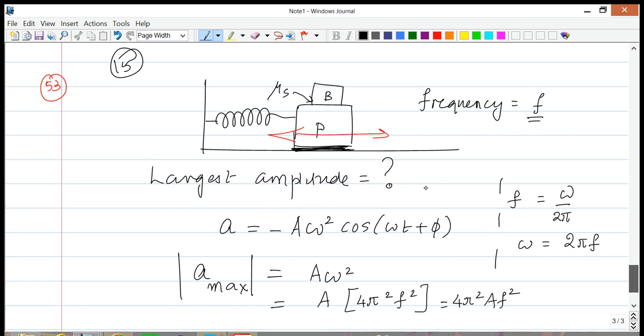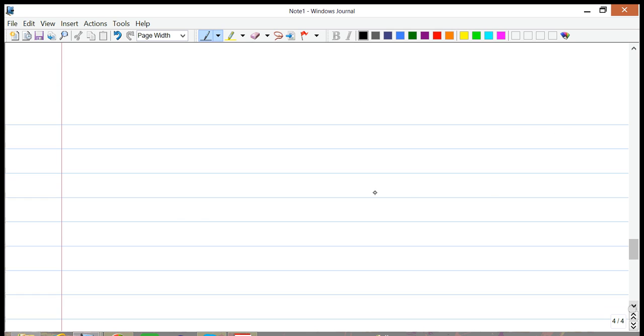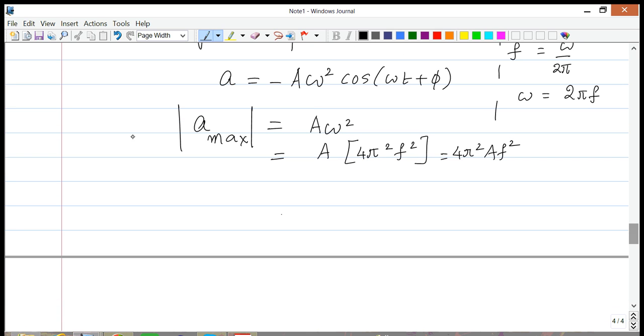Now, the reason block B is sitting on the surface is because of the friction between block B and the surface. If the mass is m, then the greatest possible force, F max on B, is equal to the maximum force of static friction, which happens to be equal to mu s mg.